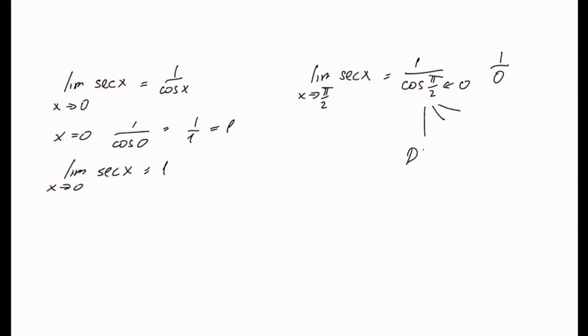The limit does not exist if one side goes to positive infinity and another goes to negative infinity. If they both are positive infinity, then we have positive infinity. If both sides, left and right, are negative infinity, then we have negative infinity. So for this scenario where we have something over 0, these are the 3 options that we have for our limit. So let's check what we have in this case.